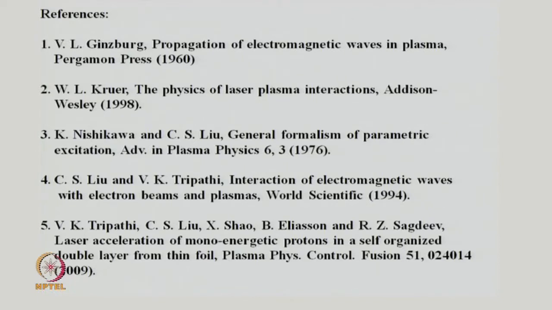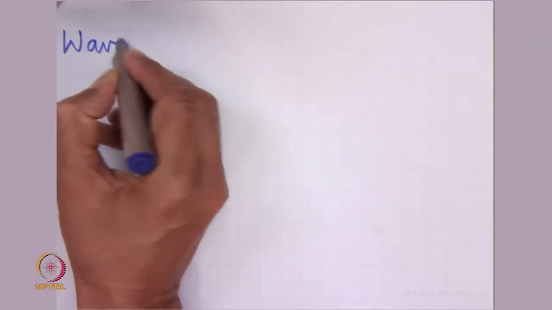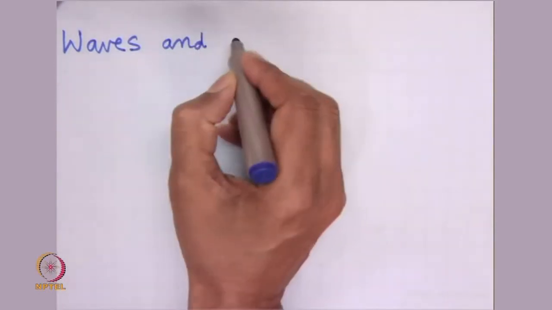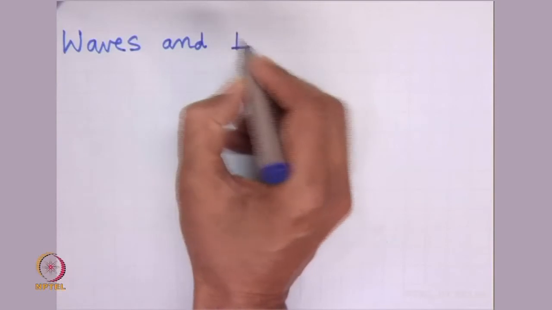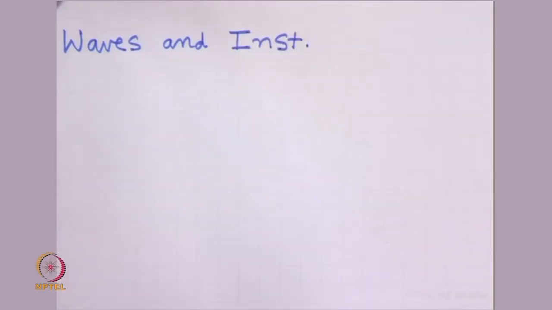Well, you might have recognized that in this course our focus has been on waves and instabilities primarily. We essentially discussed electromagnetic wave propagation in plasmas, electrostatic waves in plasmas, surface waves in plasmas, and then their applications.